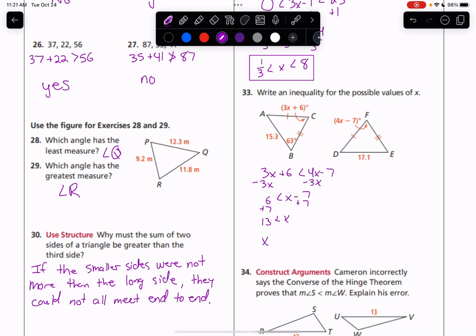So x has to be greater than 13, which would also make it bigger than 0, which was our other concern, because if it's smaller, it might not be a number that we can use in these variables to get a triangle. But in this case, 13 should work.